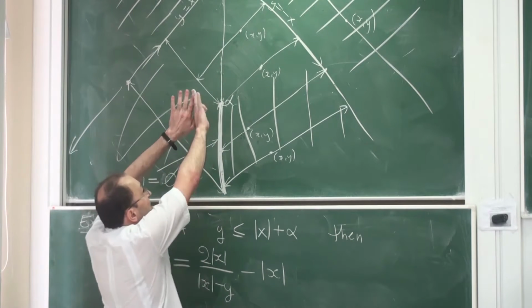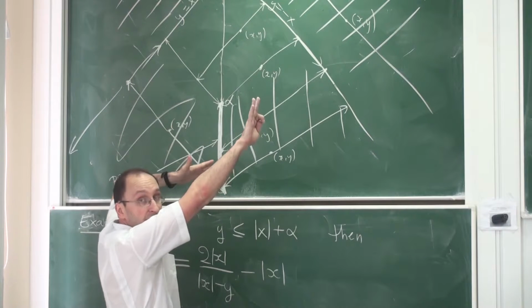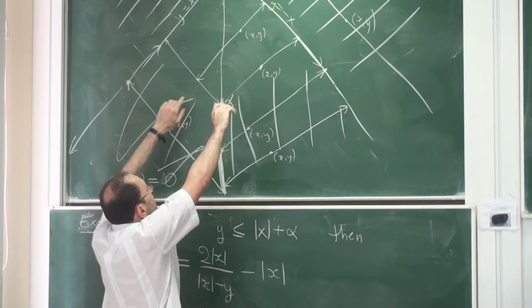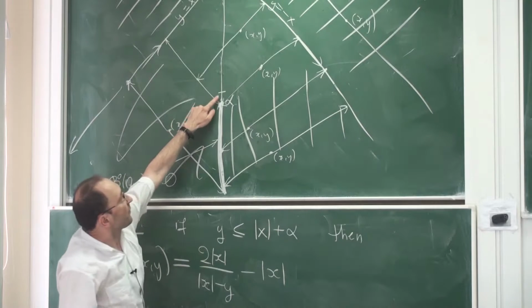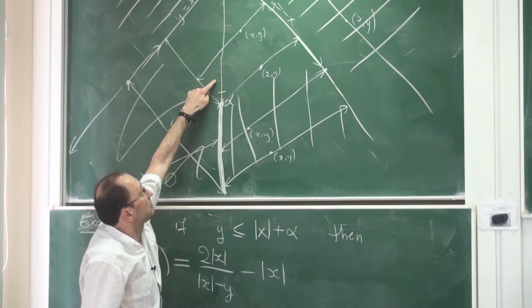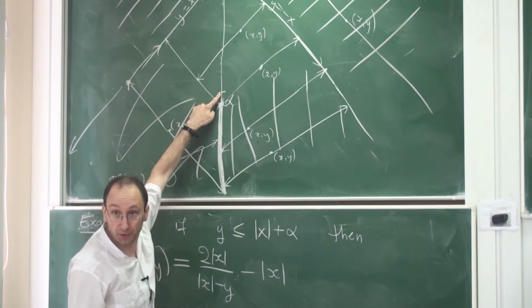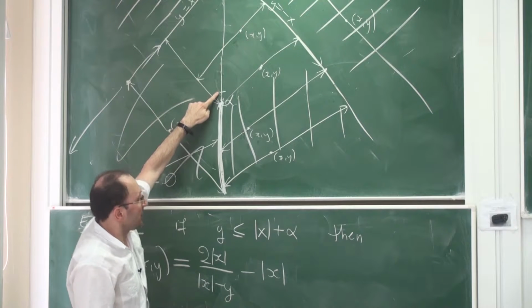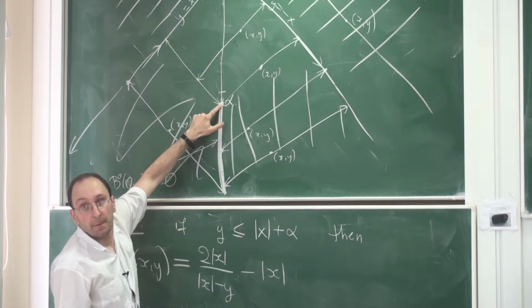Of course, it will be symmetric with respect to the vertical axis. In particular, the partial derivative with respect to x is 0 here.